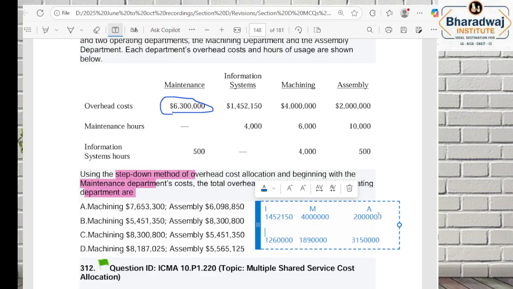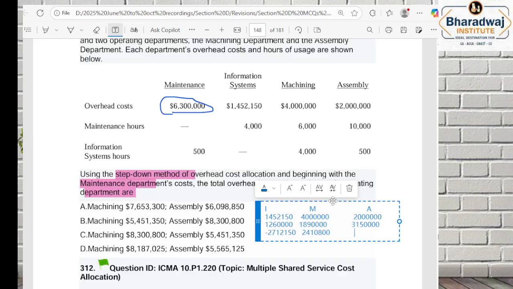Then take these two. Add the both. How much you get? 27 lakh 12,000. Allocated to machining and assembly into 4,000 by 4,500, 500 by 4,500. 4,000 by 4,500 will give us 24 lakh 10,800.